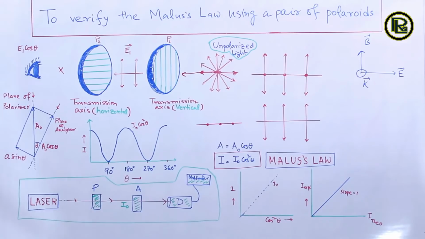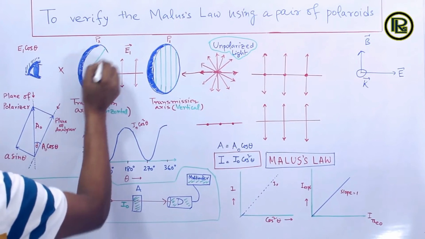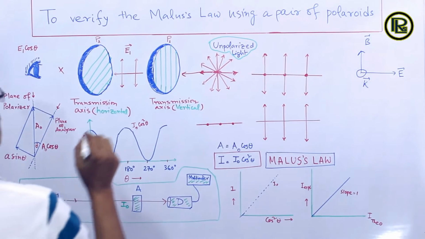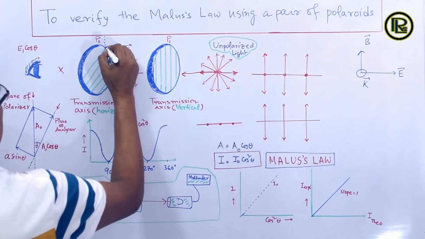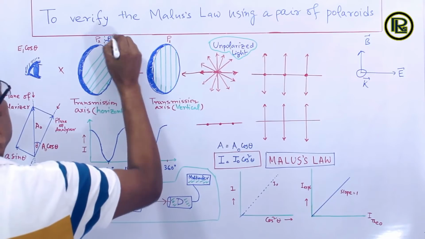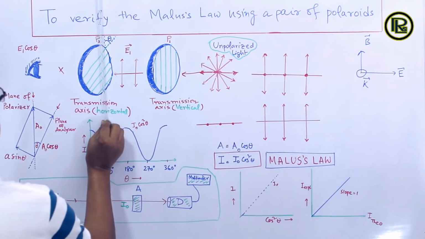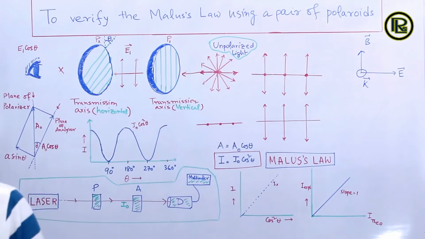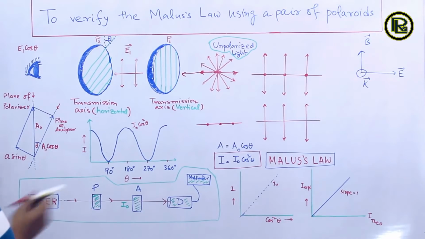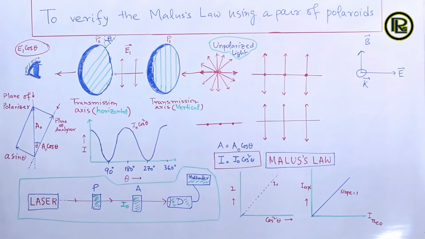On the other hand, if the optic axis becomes like this, that means if the angle between the two optic axes becomes theta, because with respect to this direction this optic axis has angle theta, then we will be able to get some light here, and that light will have amplitude E1 cos theta.